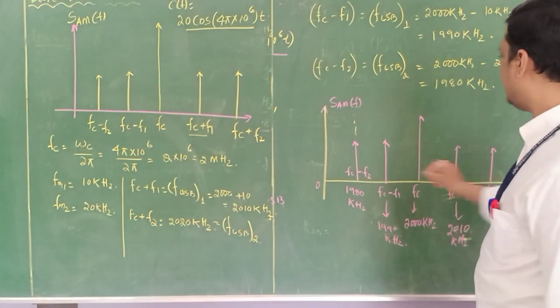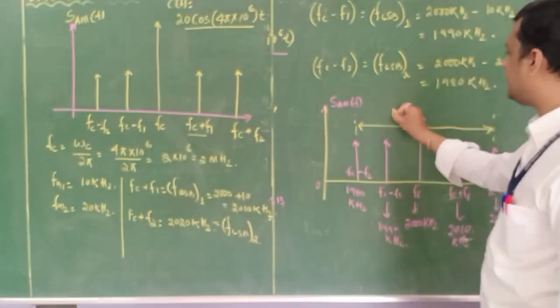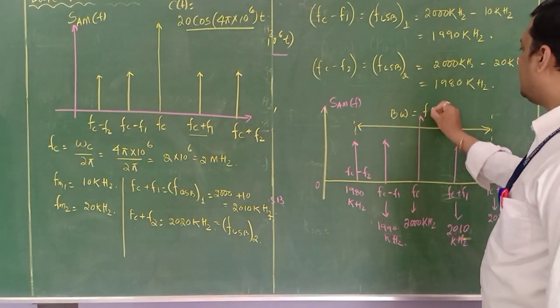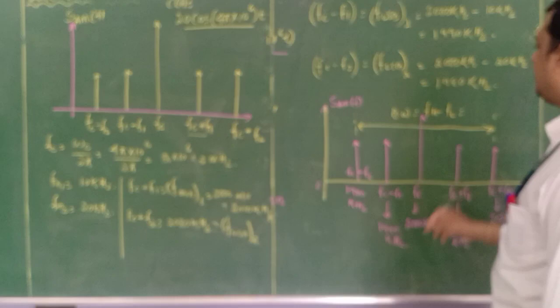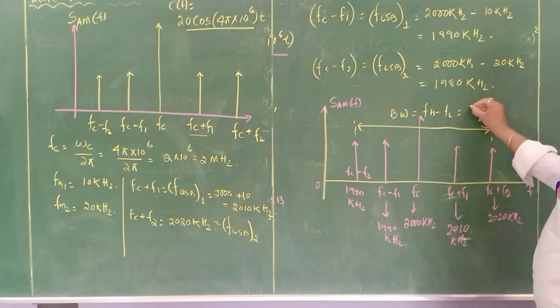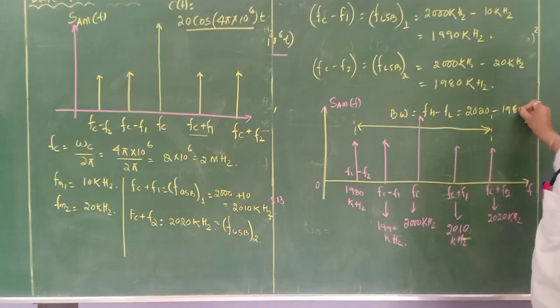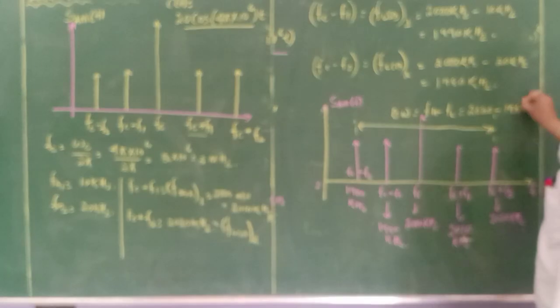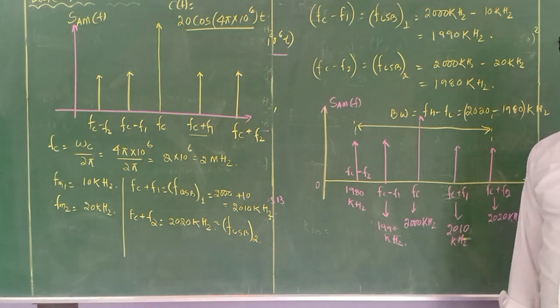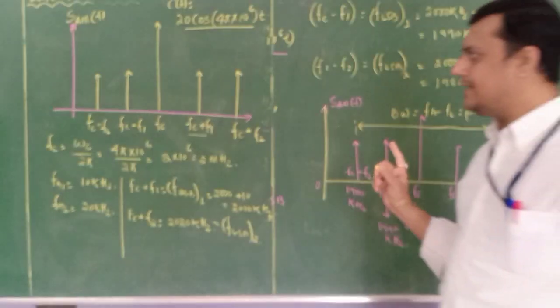Bandwidth means from the lowest frequency component to the highest frequency component. So FH minus FL: FL is 1980 and FH is 2020. So 2020 minus 1980 kilohertz gives 40 kilohertz. This is the bandwidth of this multi-tone modulated signal.